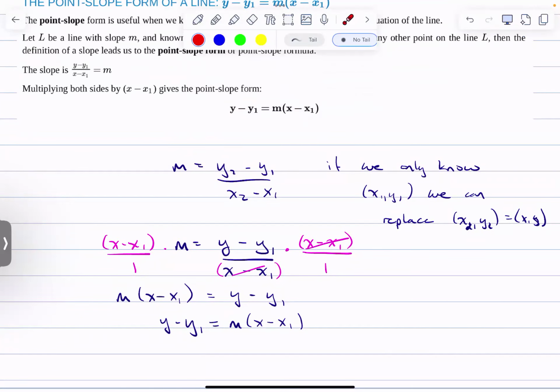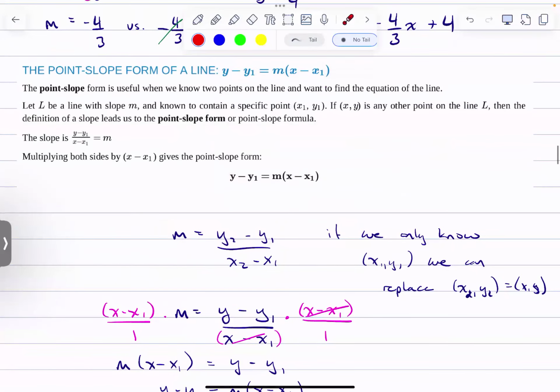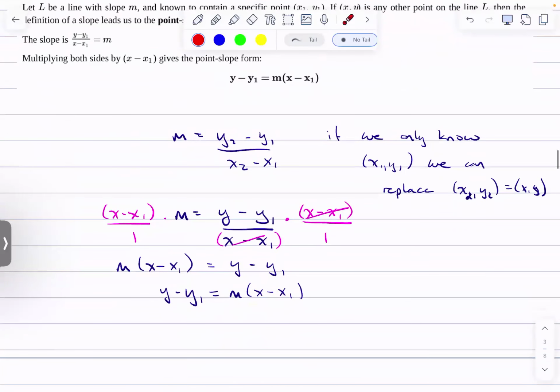The only difference is if you have a point and you have the slope, x1, y1, and m, then if you prefer, you can just plug in that x1, y1, and the m, and then you have the equation of the line.